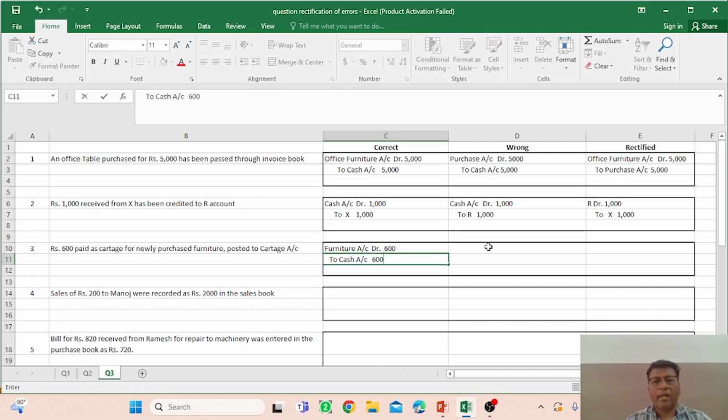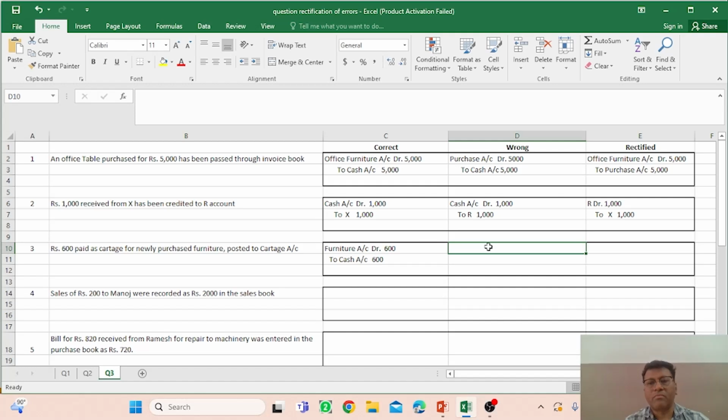Okay, and the wrong entry, it means it was posted to cartage account, that was not to be considered. The cartage account should not be considered for this particular debit balance, because the cartage was added, that was increasing the cost of the furniture. You have to include this cost in the cost of assets, right? So cartage account was debited, so you have to make this entry, cartage account debit, and to cash account.